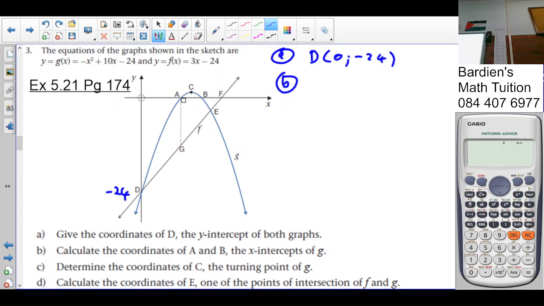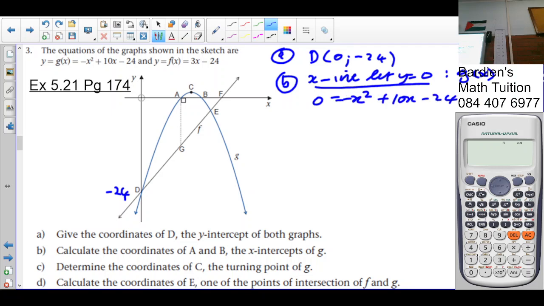Calculate the coordinates of A and B, the x-intercepts of g. How do you calculate x-intercept? Let y equal to 0. And it's the equation of g of x. So 0 is equal to negative x squared plus 10x minus 24, divided by negative, sorry. So 0 is equal to x squared minus 10x plus 24.